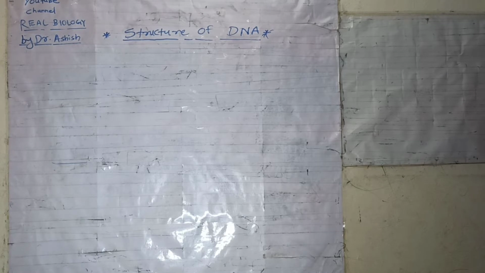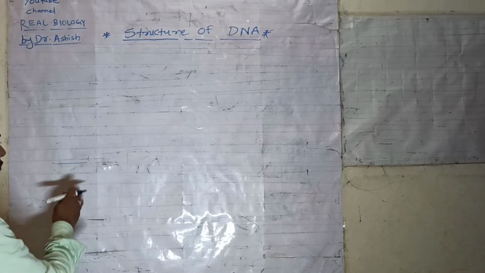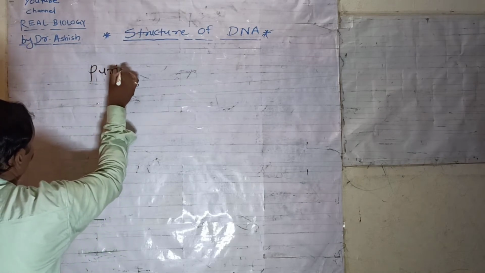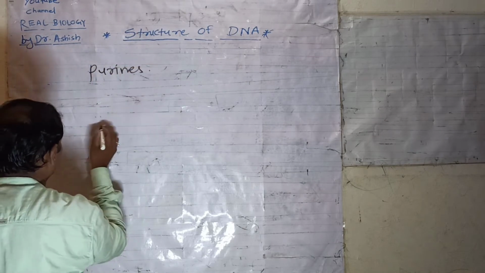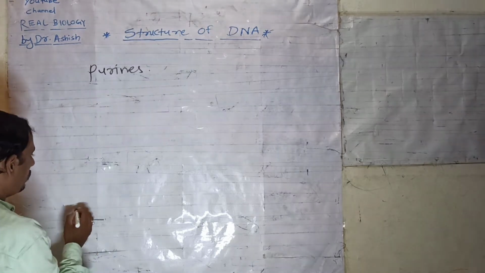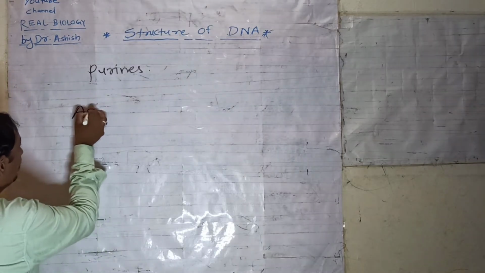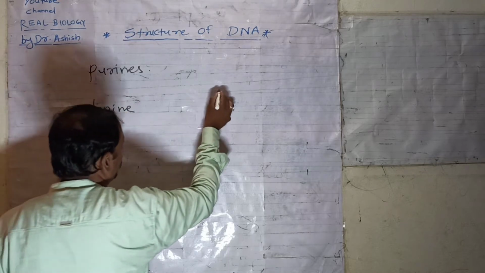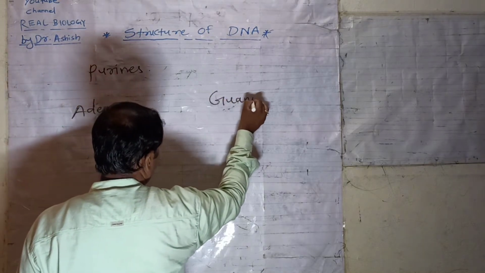Now let's see the structure of purines. There are 2 purines in DNA. Number 1 is adenine and number 2 is guanine. Let's see their structures.